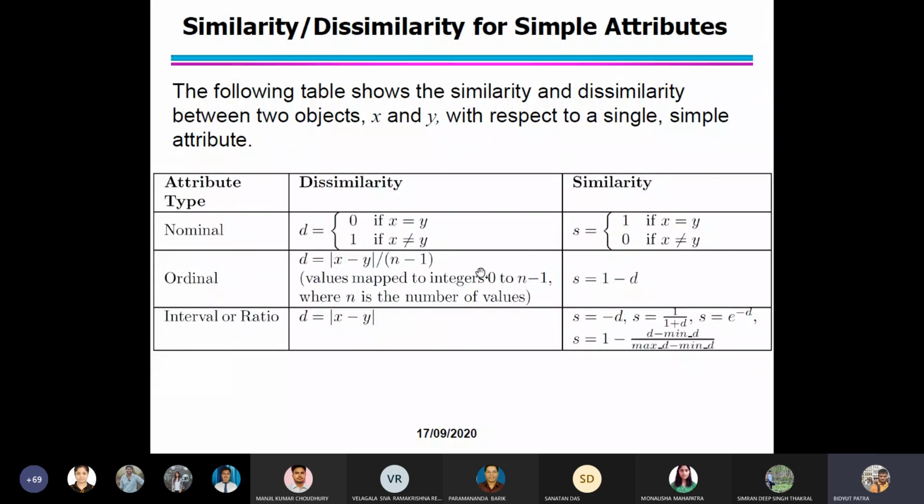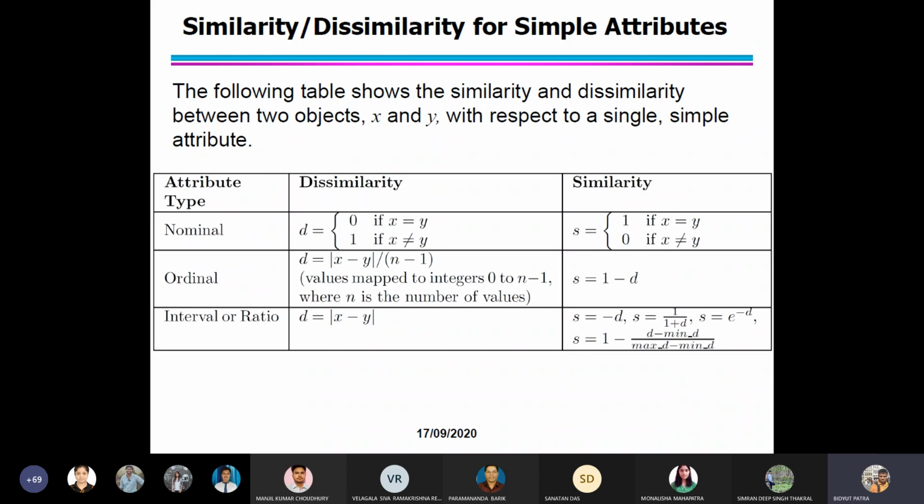But what we can do, a little better than earlier, is find the similarity measures. How do we find the similarity measures? We count how many distinct values there are. For example, large, medium, and small, so we have 3 values.